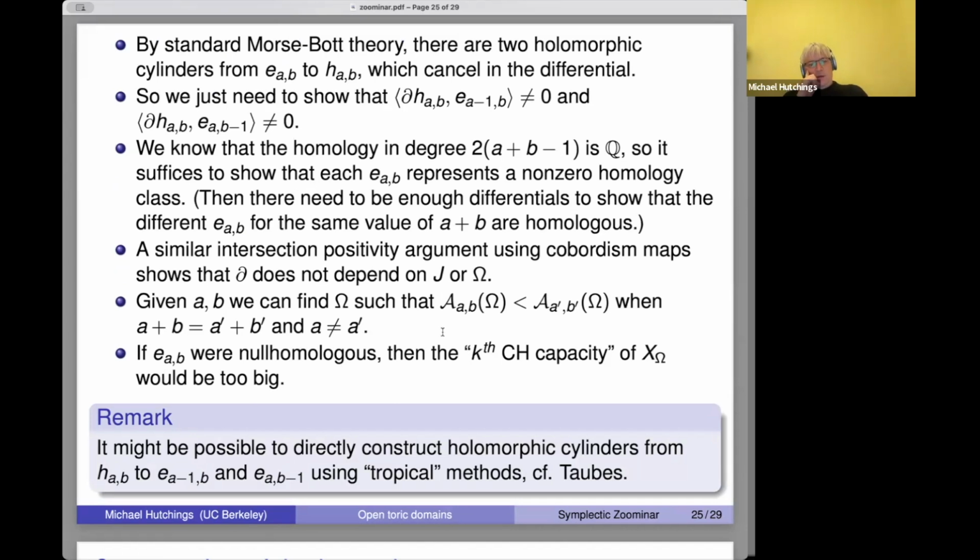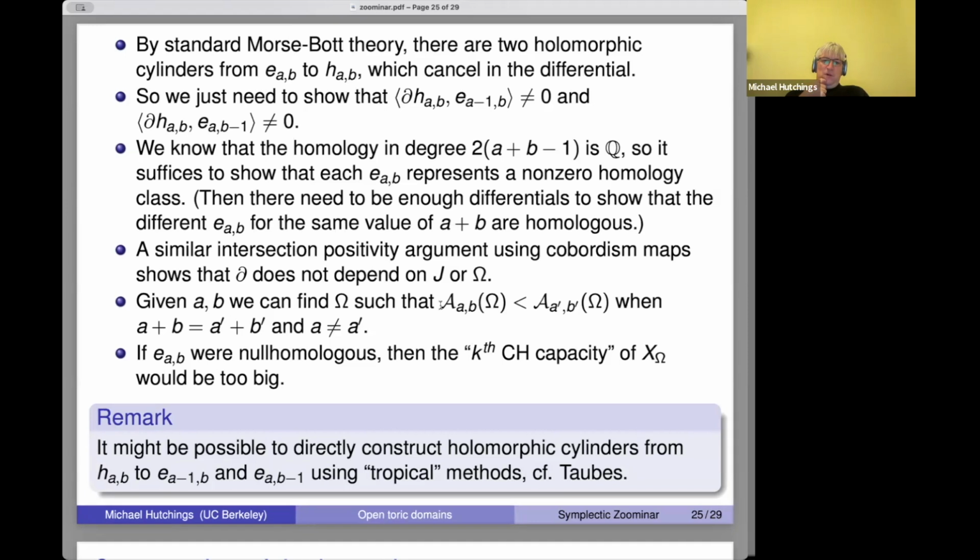But I can find an omega where the action of EAB is less than the action of all of the other EABs to have the same grading. And you can sort of mimic the construction of the capacities of myself and Jean-Claude in their calculation to show that this action is this capacity of the domain.